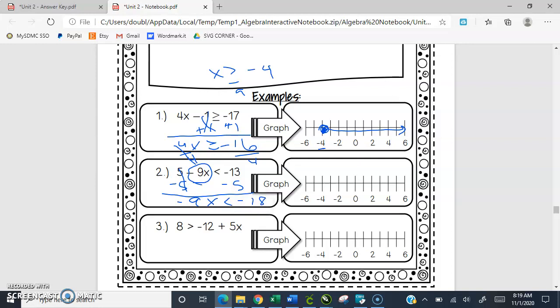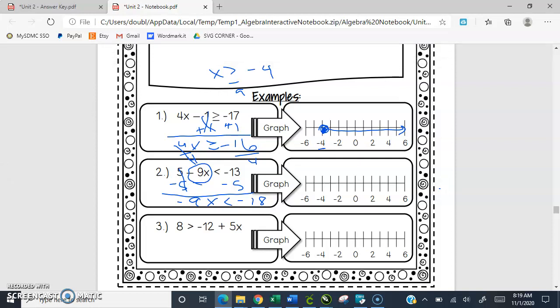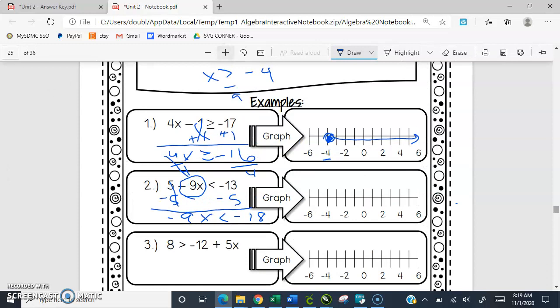So I have negative 9x is less than negative 18. Let's see if I can make this larger so I can have a little bit more space. So what I need to do is divide both sides by negative 9, because negative 9 and x are multiplying.